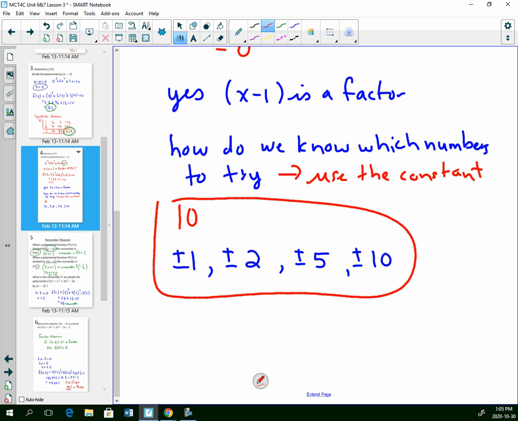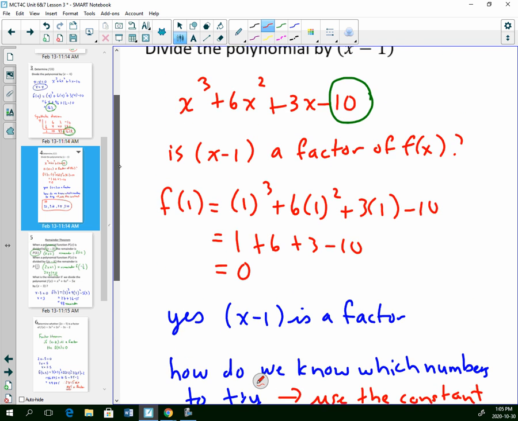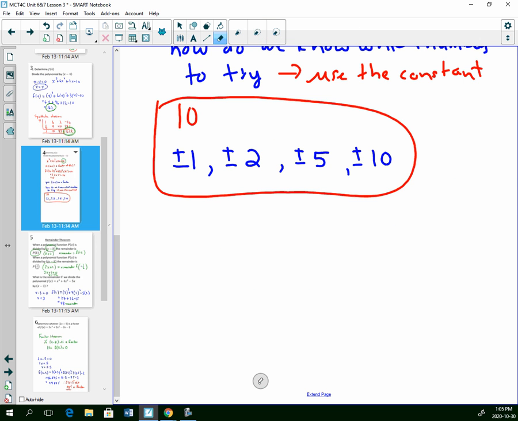So we already figured out that 1 gave us 0, so we know x minus 1 is a factor. Because it's power 3, there are 2 more factors, so we have to find 2 more. Let's say the question was to factor this polynomial.